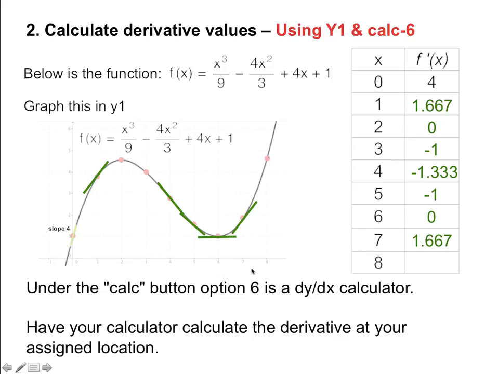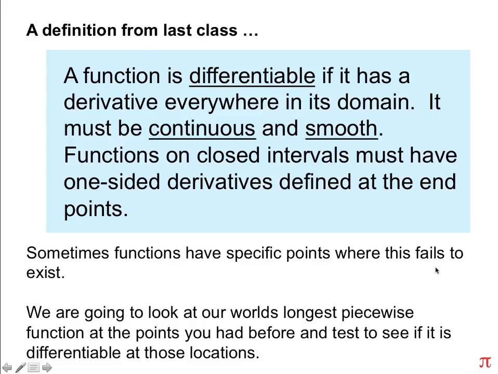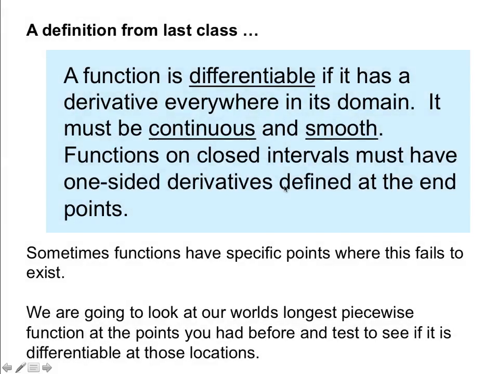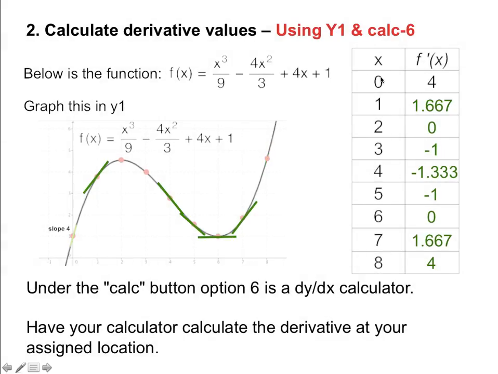When we do an x value of 7, we get a derivative of 1.667. When we do an x value of 8, we get a derivative value of 4. So those are the values of the derivative at each one of those values of x.